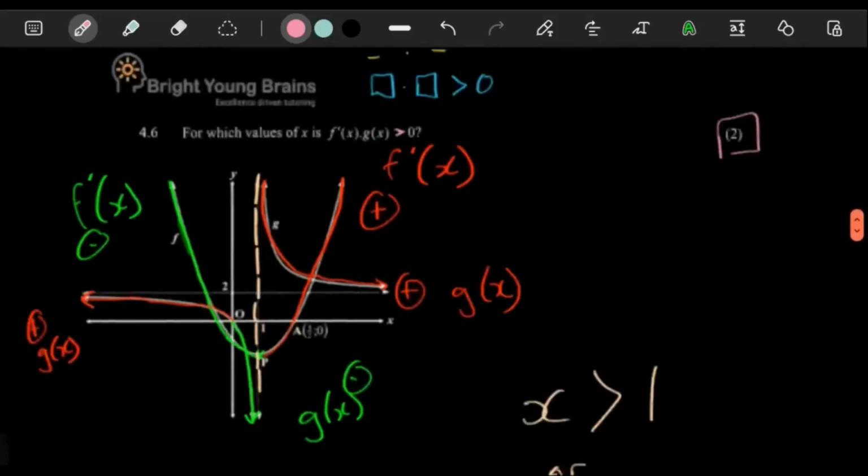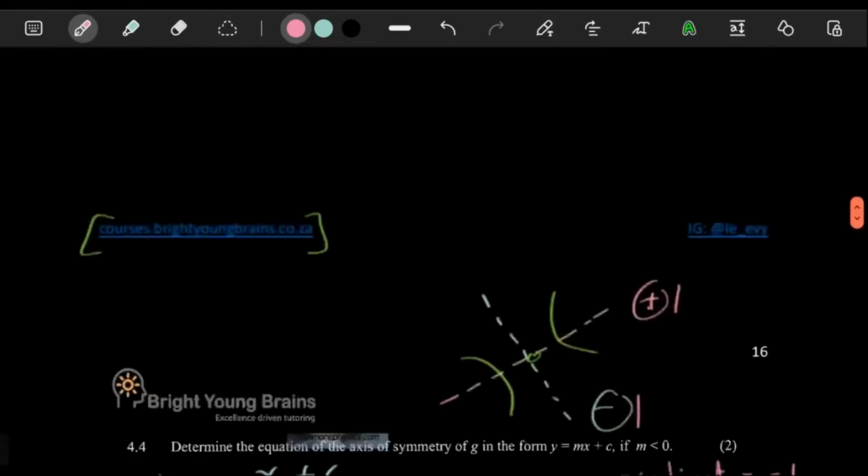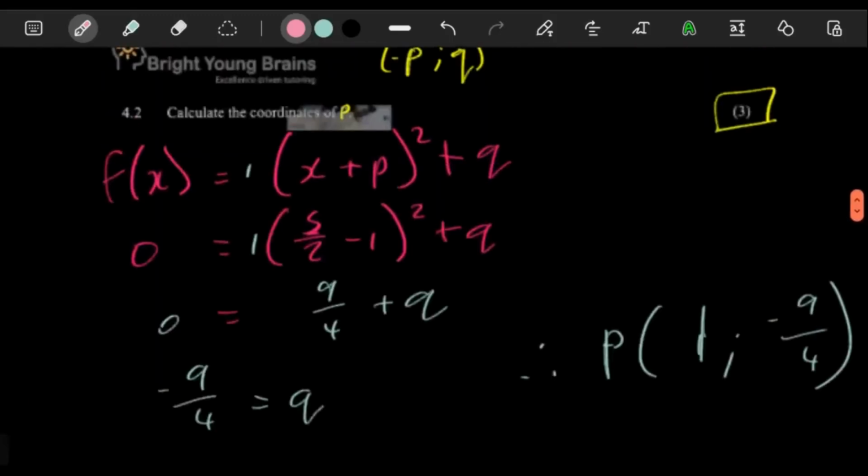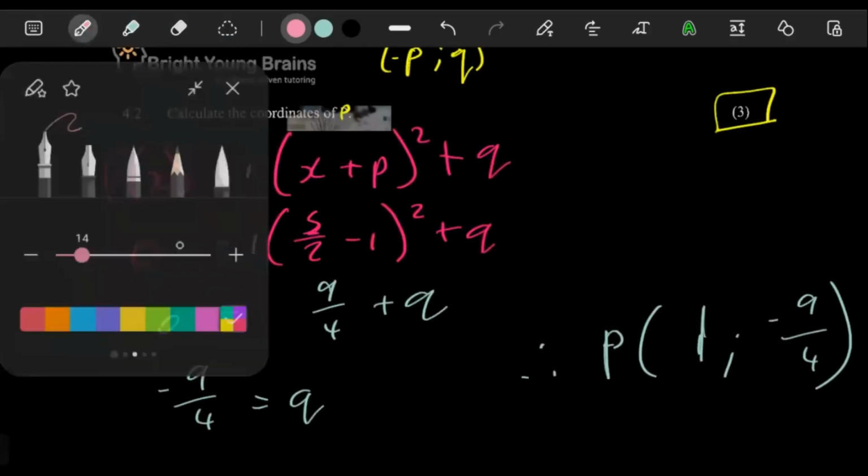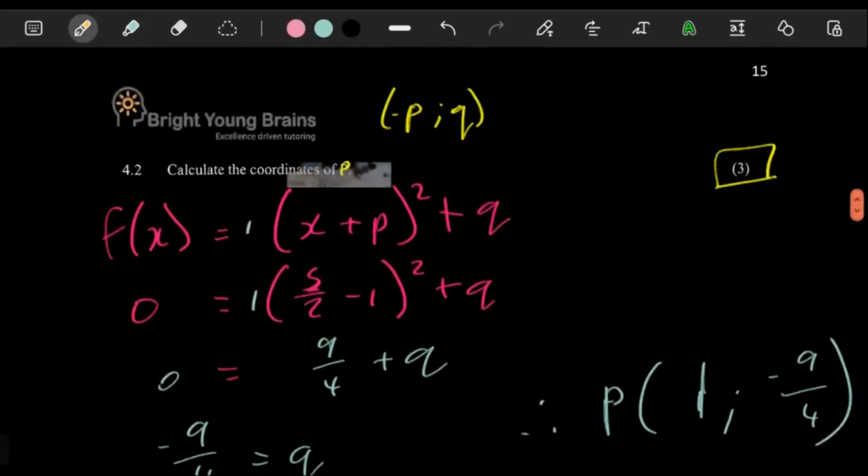If you put y as negative 2, what is the x value? I just want to test out something. Let's see if we get a 0.